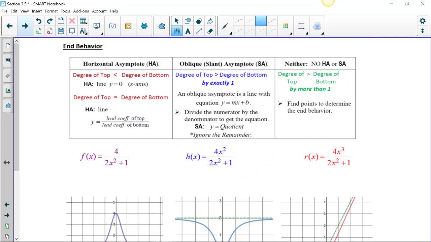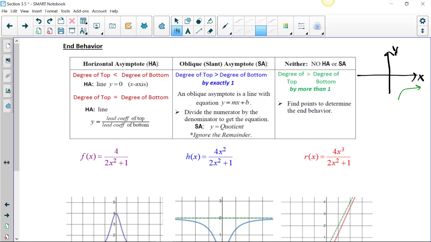Okay, end behavior. The other thing we talk about with rational functions is what's happening at the ends. We know what happens at the discontinuities now. What happens at the far left and right end? So what we're wondering is, if we're looking at our graph, does it level off and approach some horizontal line?